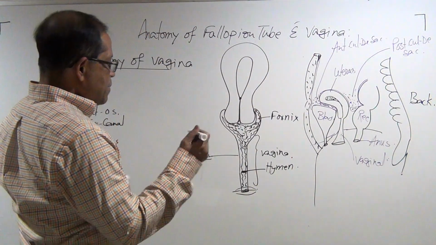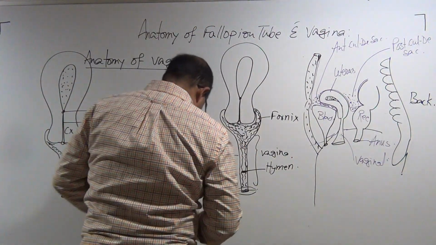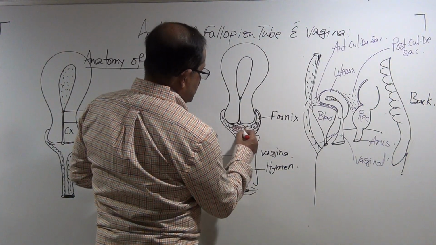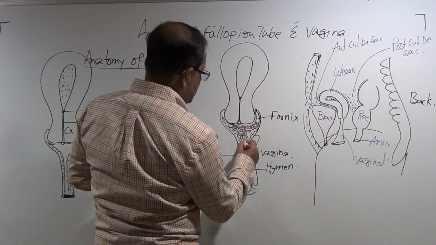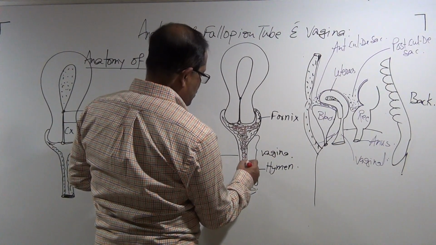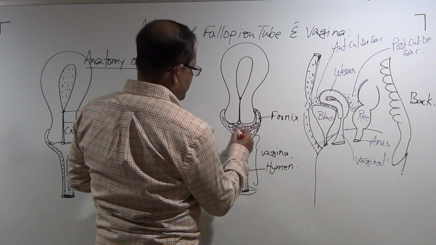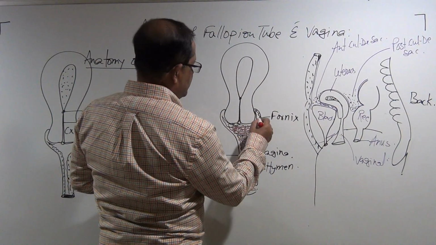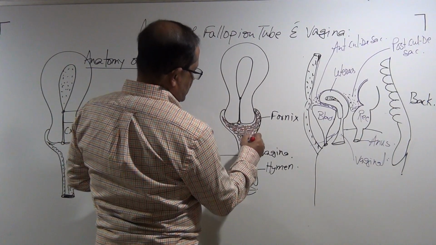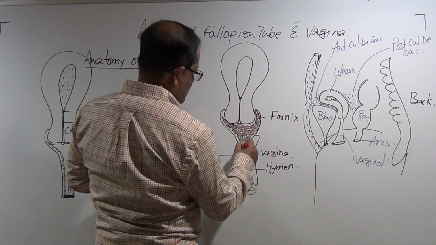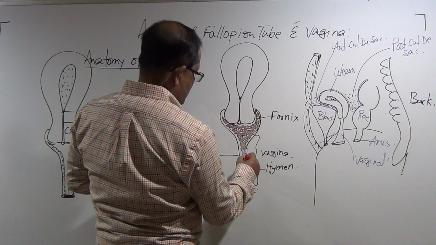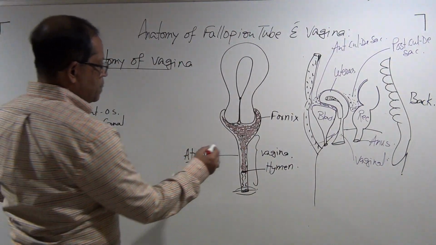So as a result, what can happen? This girl is having period, and there's blood, and the blood is trying to come down. Blood is coming, and after that blood cannot go down. Okay, the blood is there.